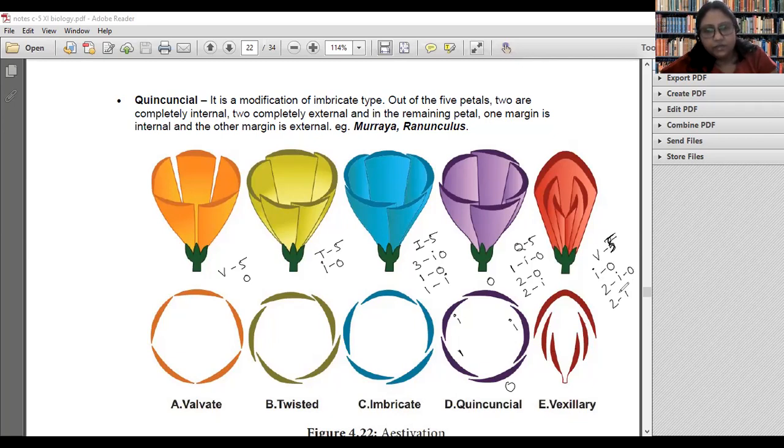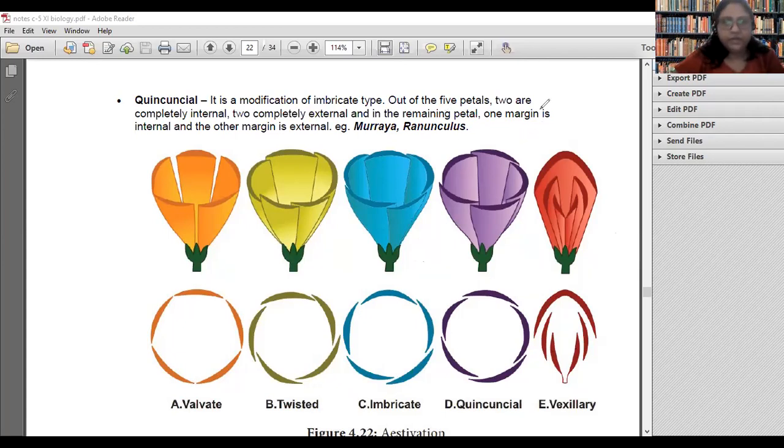Okay. So this is the formula which if you remember, it will be easy for you to remember, or you can remember it in terms of diagram. By drawing a diagram, you can remember it. But these are the arrangements of petals and sepals that is called aestivation.